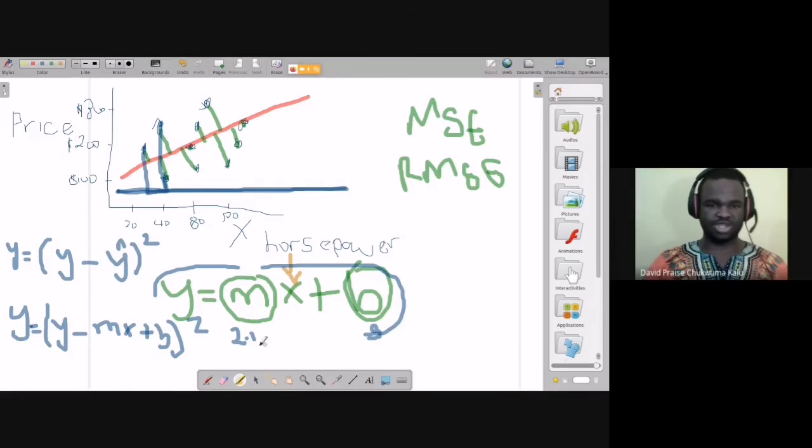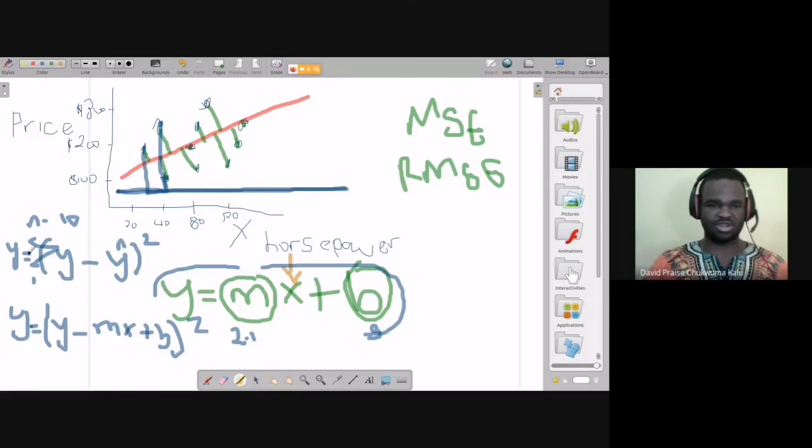So over time, we start out with an assumption like 2.5 and 5. Then we calculate it over all these data points, so this is the summation, summing everything from 1 all the way to n, where n is the total number of data points. So 1, 2, 3, 4, 5, 6, 7, 8, 9, 10, that's 10 over there.